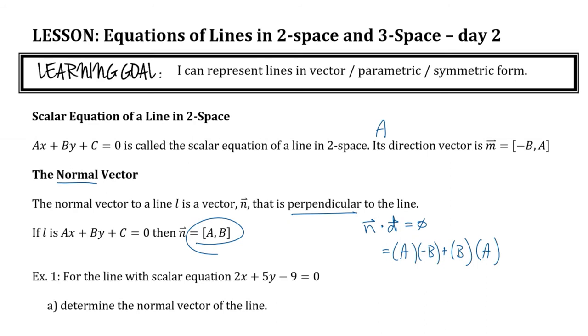Really, in my mind at least, this is the one that I remember. I remember that the normal is going to be AB. It's just the coefficient, straightforward, no negatives. And then if I have the normal, I can easily come up with a vector that's perpendicular to the normal by flipping them and turning one to be negative, right? That's the trick that we've talked about with dot product.